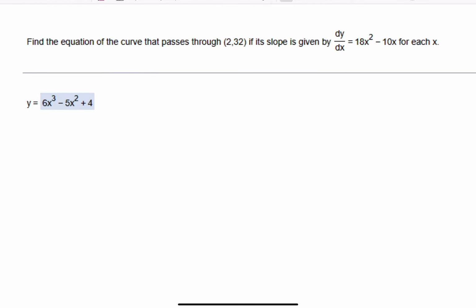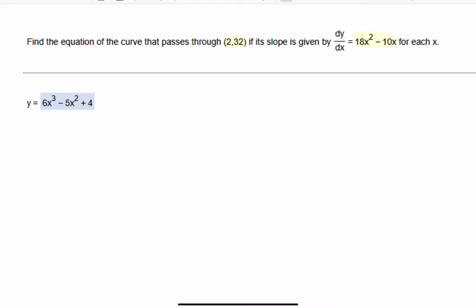Here it says, find the equation of the curve that passes through this point if the slope is given by this. Okay, so let's take a step back. Remember, to find the slope, I find the derivative. To find the equation, I go backward, I find the antiderivative.